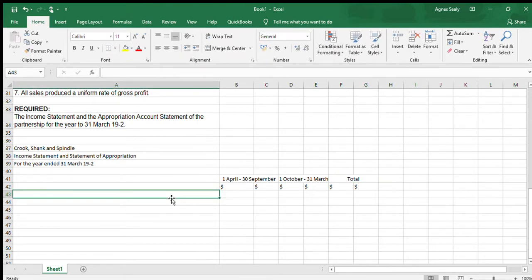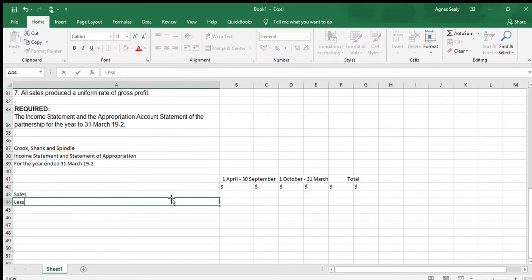So let's start by calculating our gross profit. We know from earlier in the introduction to accounting that we calculate our gross profit by taking our sales and subtracting our cost of sales, or cost of goods sold.